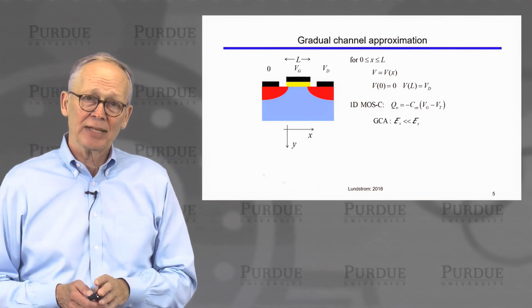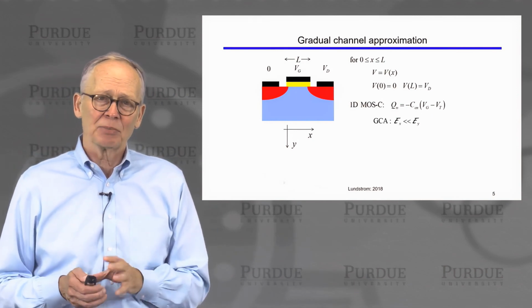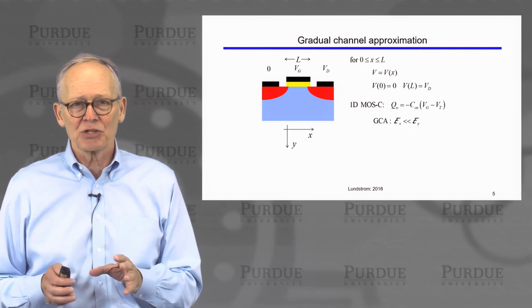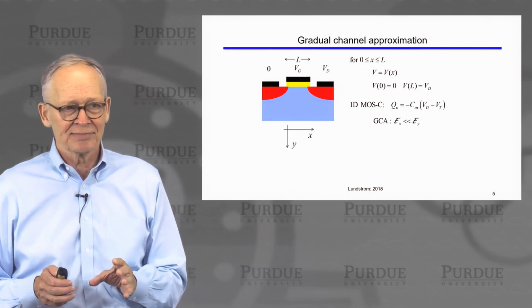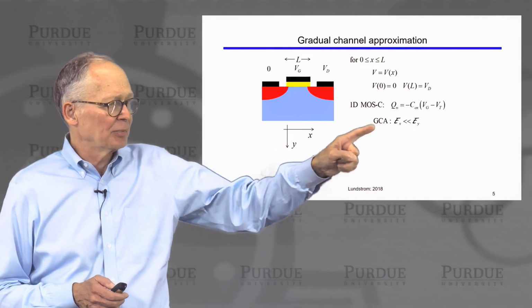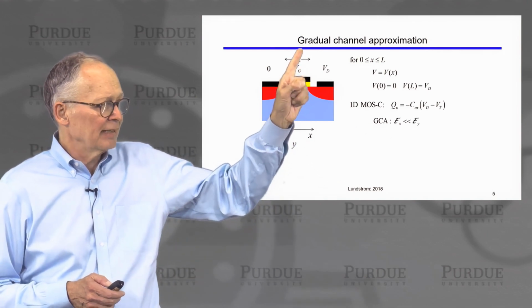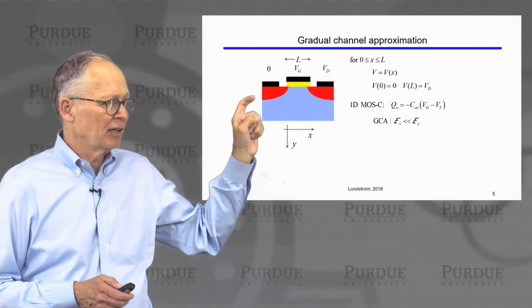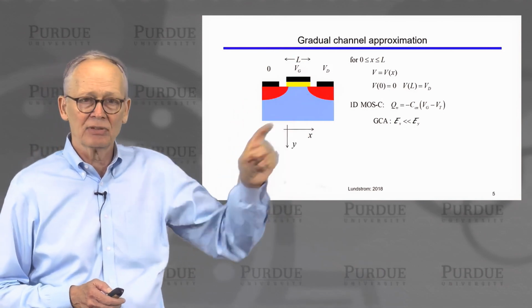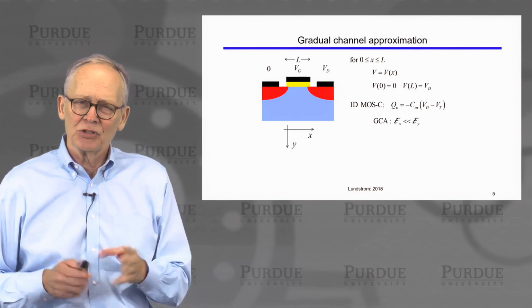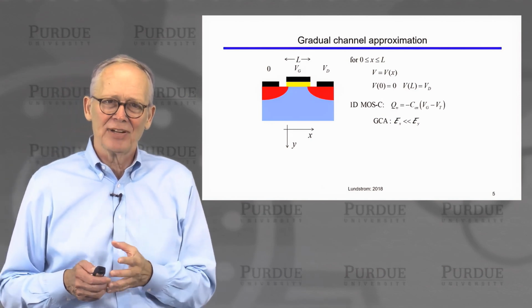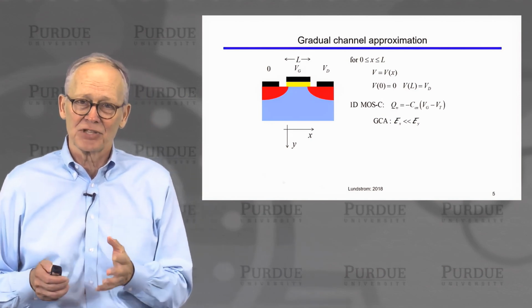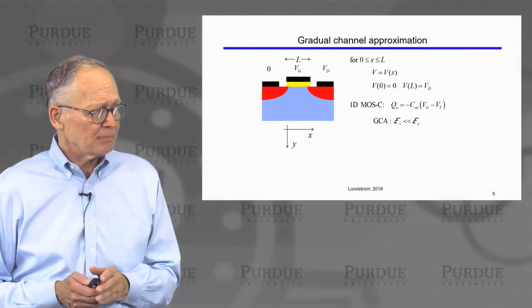To do that, we need to make an approximation, and we'll make an approximation that is known as the gradual channel approximation. And the idea behind that approximation is that the electric field in the direction normal to the channel is very large compared to the electric field along the channel. So you can see that this is going to tend to be valid in long channel devices when the channel isn't too short. Okay.